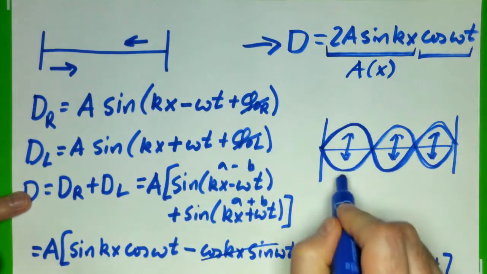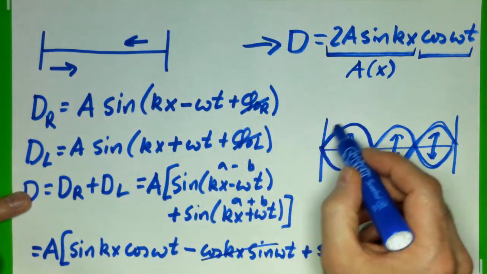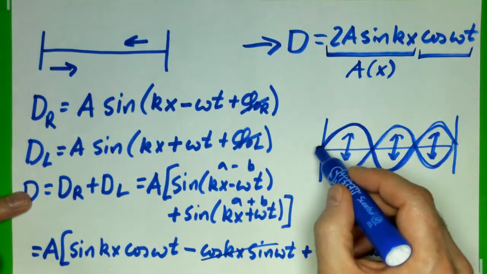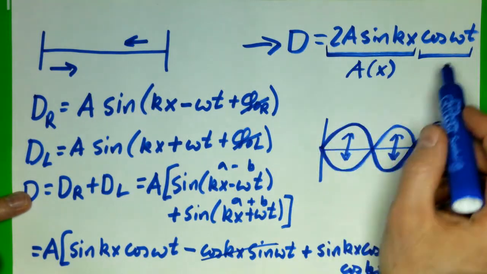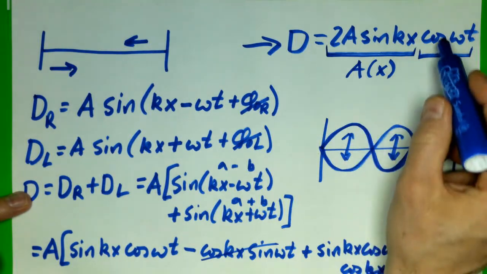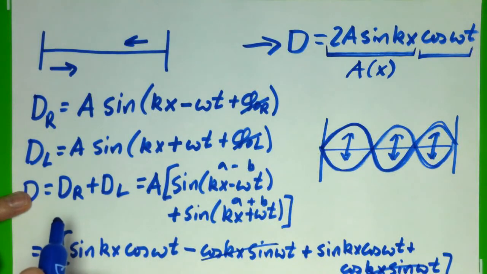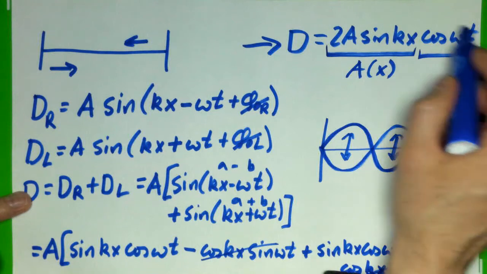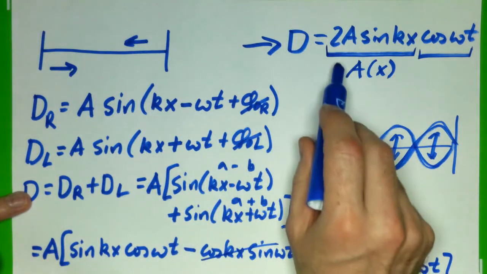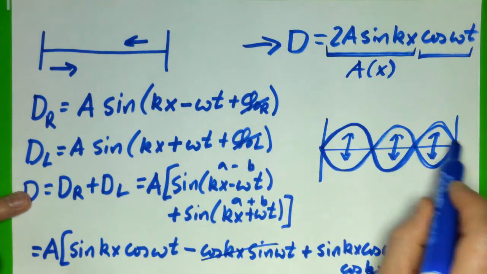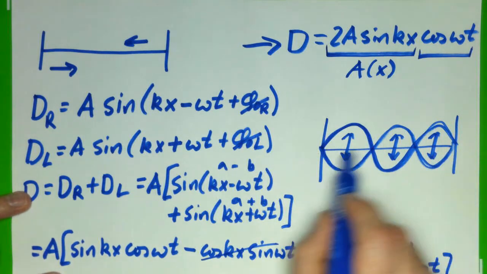They just go back and forth. This envelope that we see is given by this function, and the timing of how they oscillate back and forth is given by this function. So this is now our displacement equation for a standing wave, and it shows mathematically what we saw earlier by doing some simple superposition.